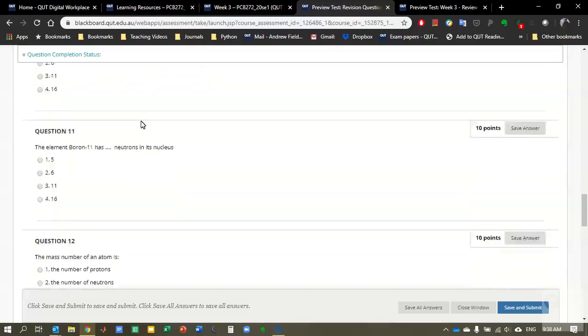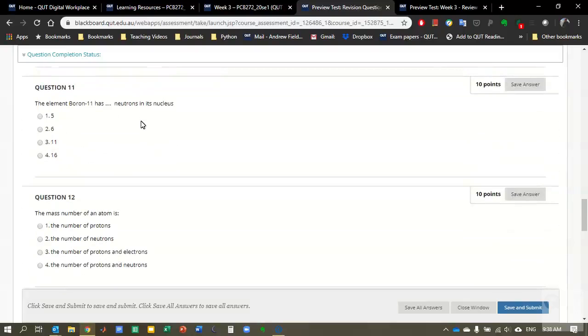Moving on to the next question, the element boron 11: if it has an atomic number of 5, then this tells us we have 5 protons. And if the mass number is 11, it means we have 5 neutrons and protons in total, and therefore the number of neutrons is the difference. So it's 11 minus 5, which is 6.